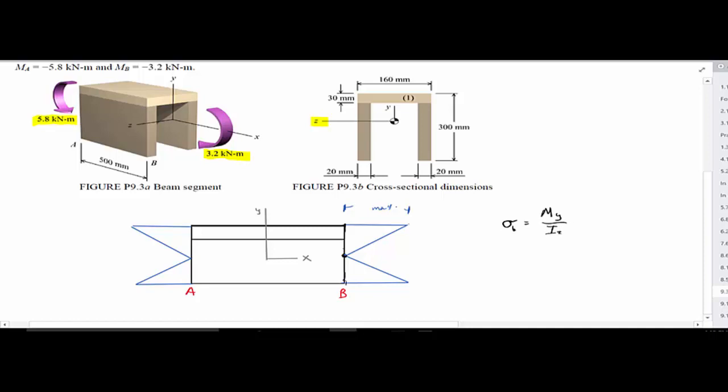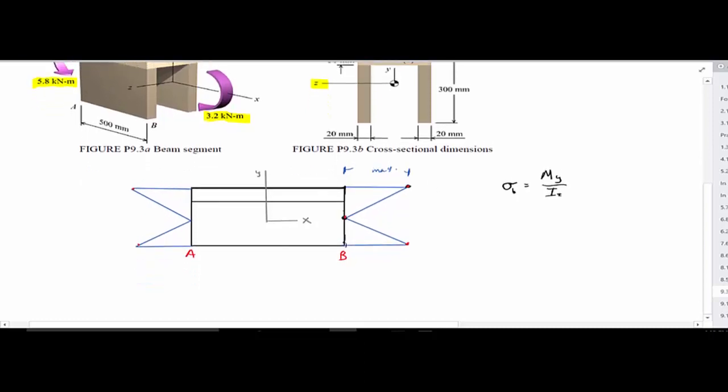We need to calculate the bending stress for each one of these points, here and here. We know it's 0 at the neutral axis, but what's the bending stress on each one of these points? You have to calculate this 4 times, but I'm only going to show it once. You should be able to solve for the rest on your own.